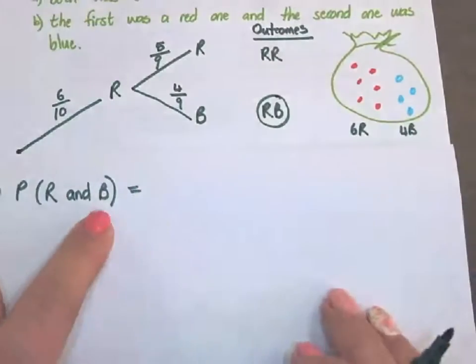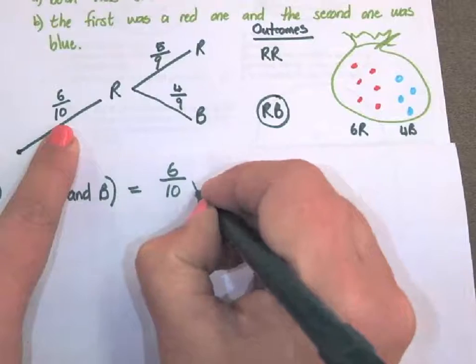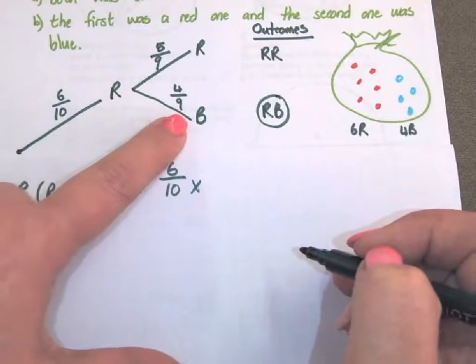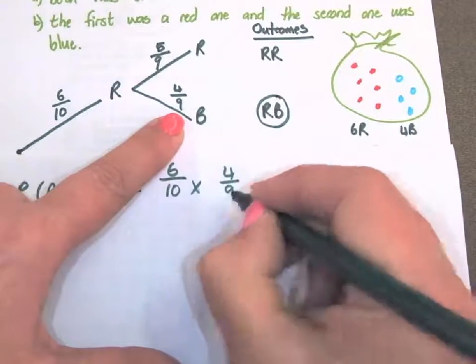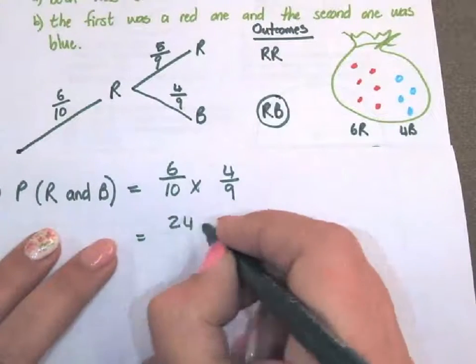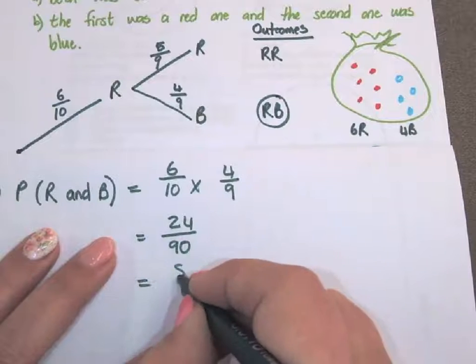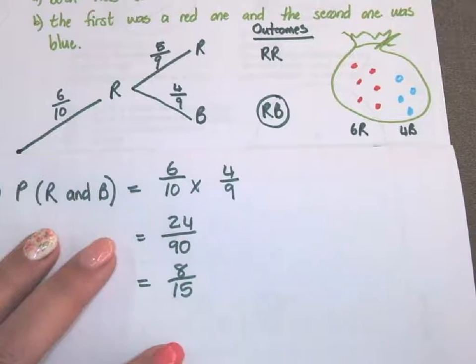That will be, the first probability is 6 over 10 times, the next probability is 4 over 9. Then we have 24 over 90, and that simplifies to 8 over 15.